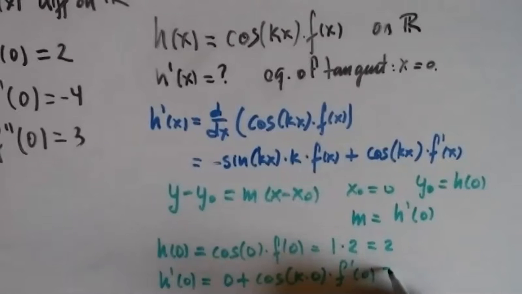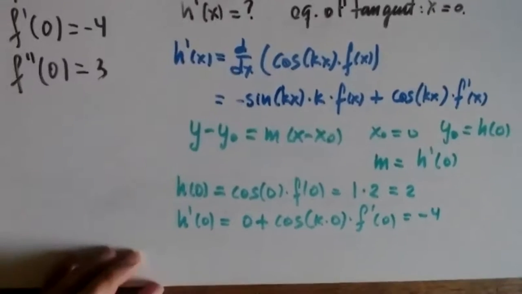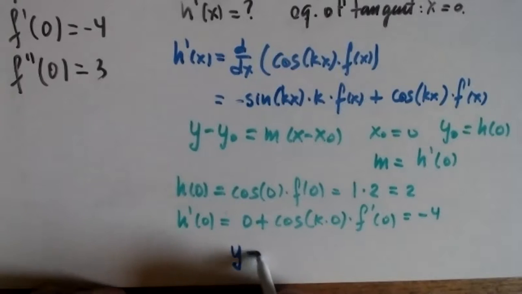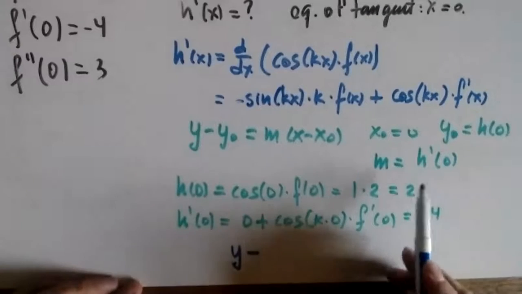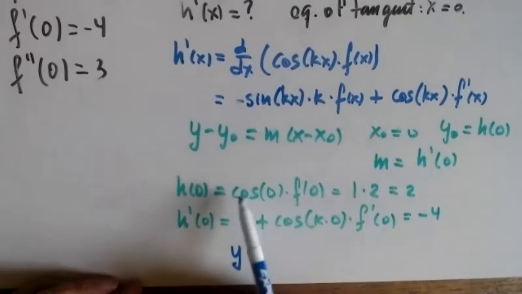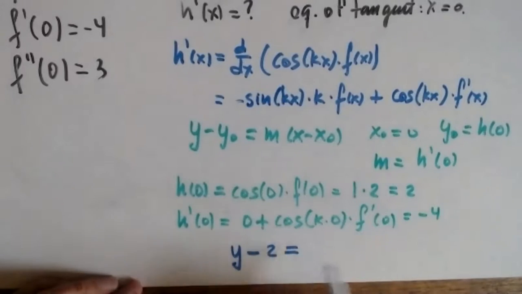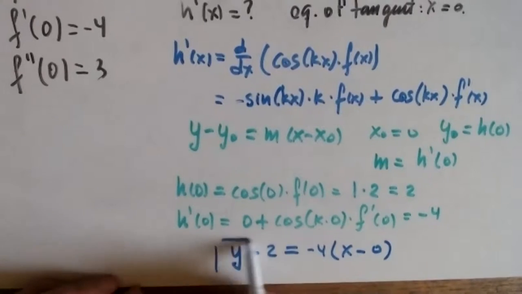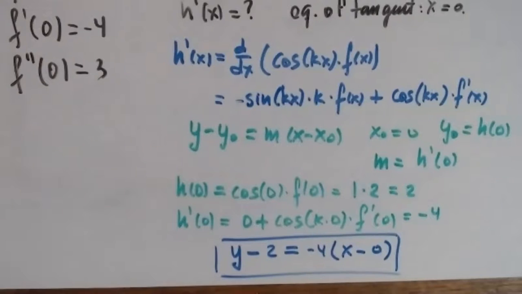So this is negative 4, correct? Once you have this, not a big deal, you write your equation. So you have y minus y0, but y0 is 2, equals the slope, negative 4, times parenthesis x minus 0. And that's my answer.